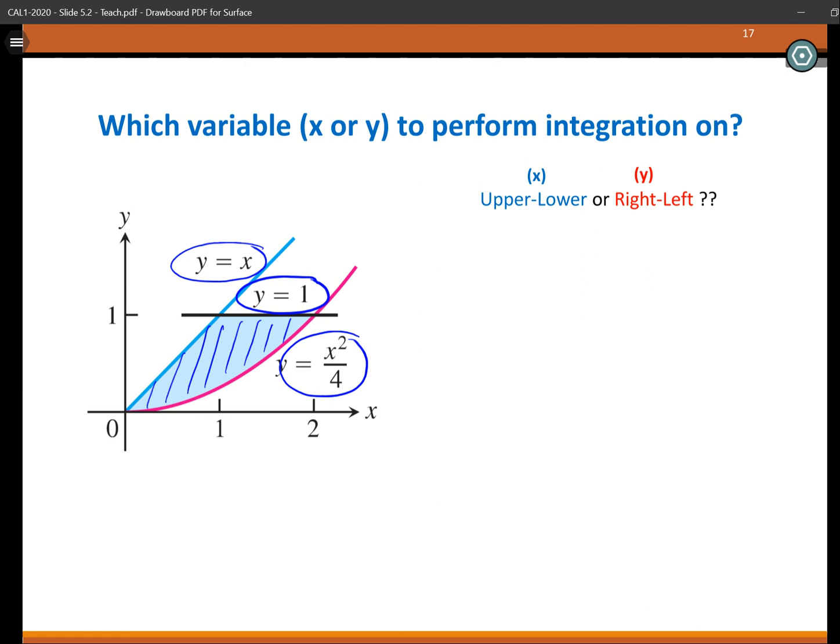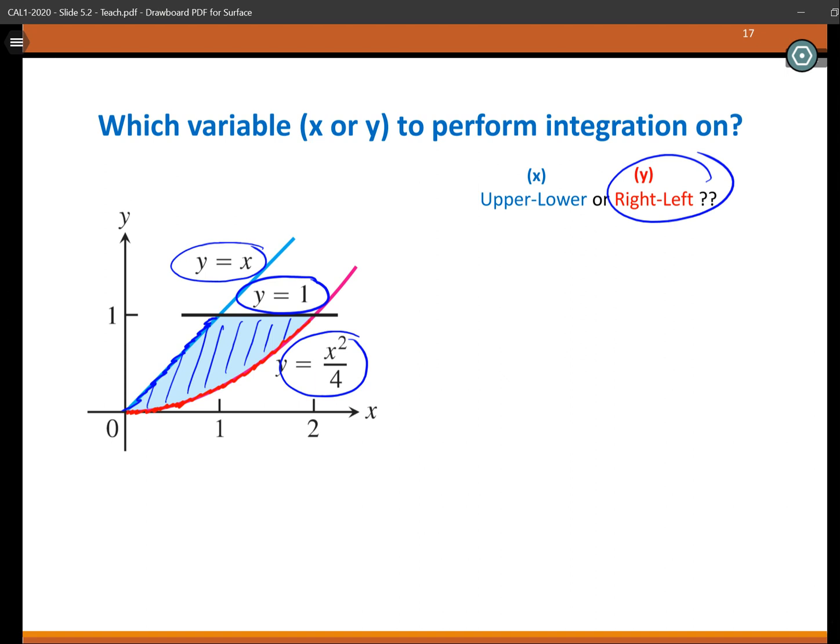Now the question is, which one to go for, x or y? Well, in this case you can go either way, but to me, looking at this, I see right away that this line is on the right hand side and this line is on the left hand side. I see right and left, I pick y variable.